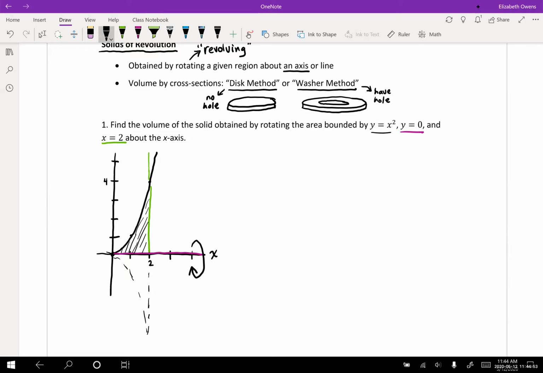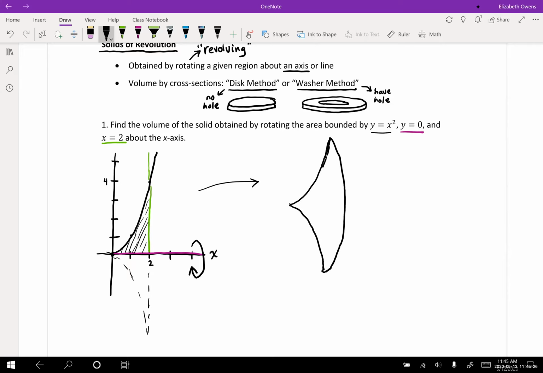Okay, so if you can imagine what that looks like, it's going to be kind of like a cone or a horn type shape with a curved outer edge like this, that's coming from that parabola. But it's 3-dimensional now. And the bottom has gone all the way around in a circle. So it's going to look something like this.